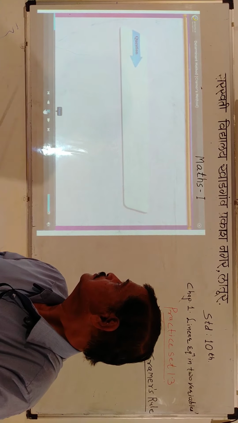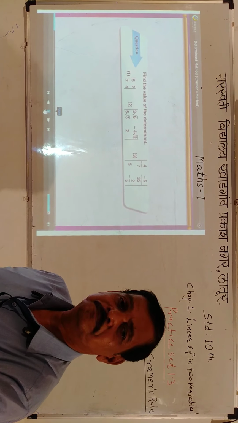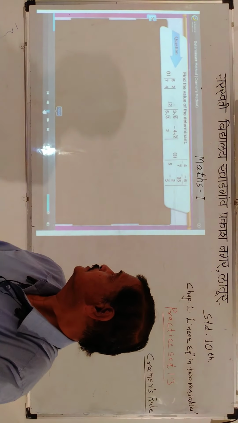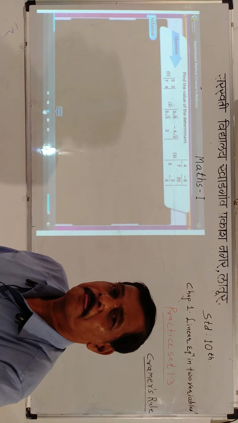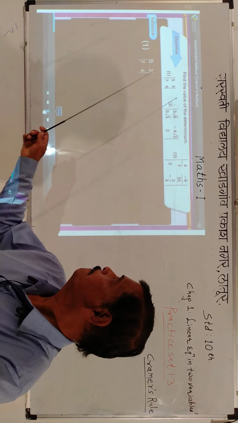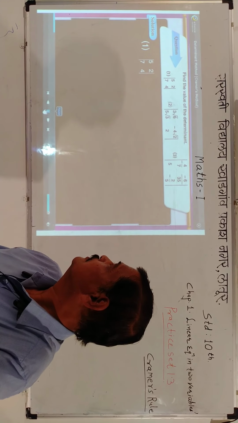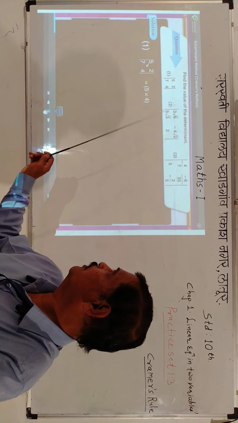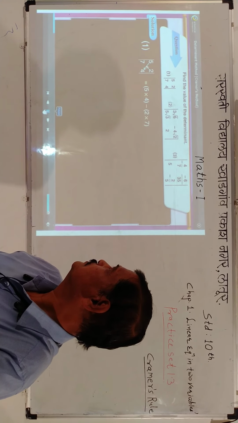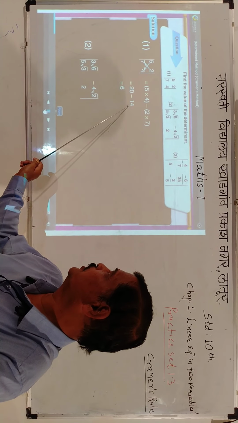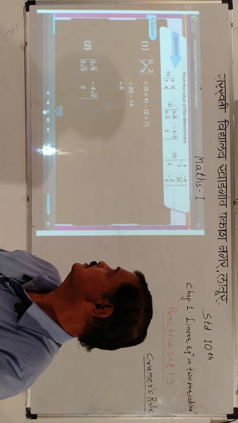We will now learn how to find the value of the given determinants. First, how do you find the value of the determinant 5, 2, 7, 4? The value of the determinant is 5 into 4 minus 2 into 7, which is equal to 20 minus 14, which is equal to 6. What is the value of this determinant?